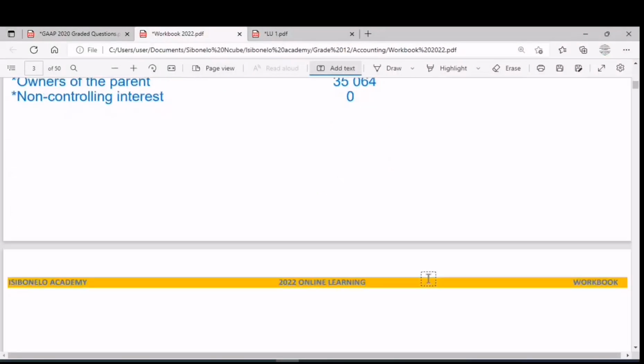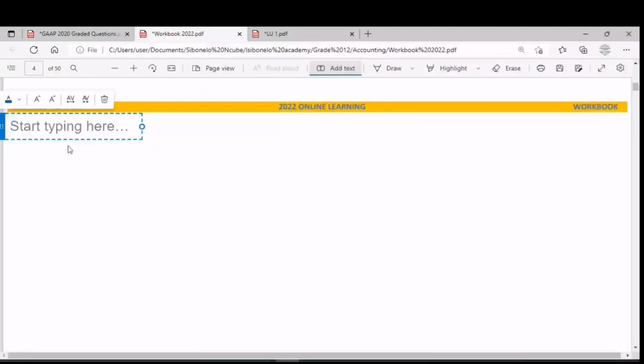Now we are doing the statement of changes in equity. Again, we present the name of the group, Pelican Limited Group. Each group is named after its parent. So if the parent is called XYZ Limited, then the group is XYZ Limited Group.